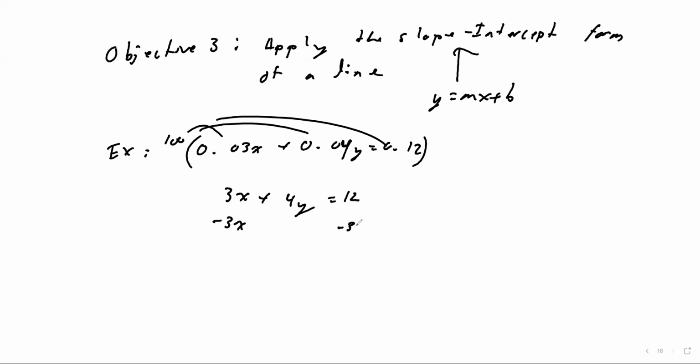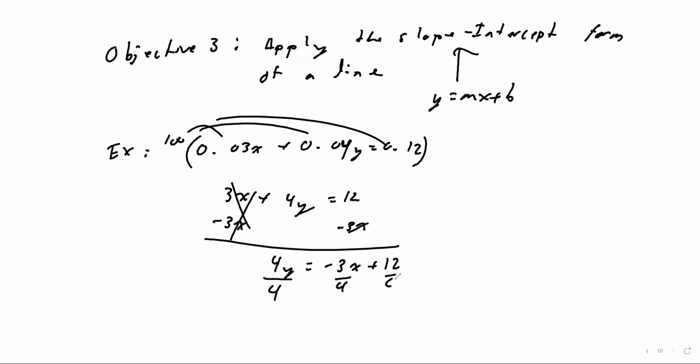So minus 3x. So I get 4y equals, again, you can't combine that. So that's negative 3x plus 12. And then we're going to divide everything by 4. That goes away. I can't reduce that one anymore. So that's negative 3/4 x. And then 12 divided by 4 is just 3. And let's see.